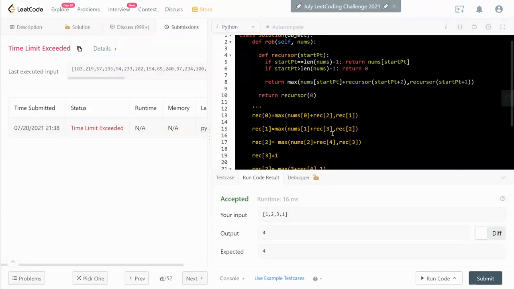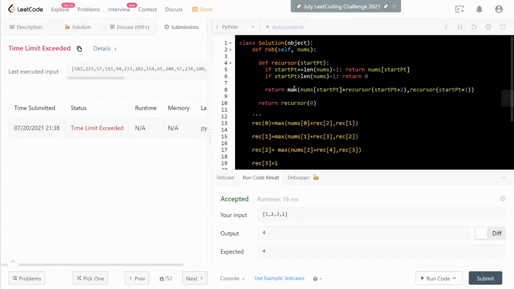So we can use a memo array to save all the intermediate step results. I'm going to show you how we can implement that. But this recursive way is really good to build up an intuition, and then after that, we can use the intuition to build up the dynamic programming approach. So I will show you how we can do that.